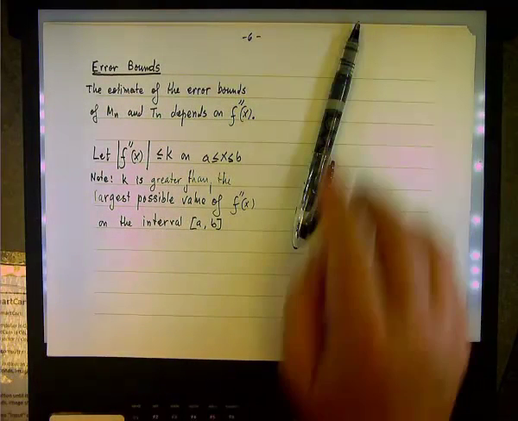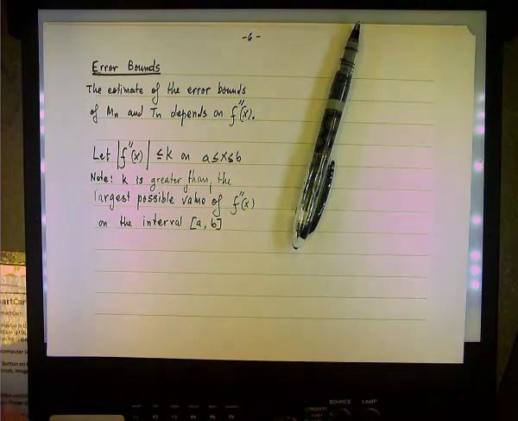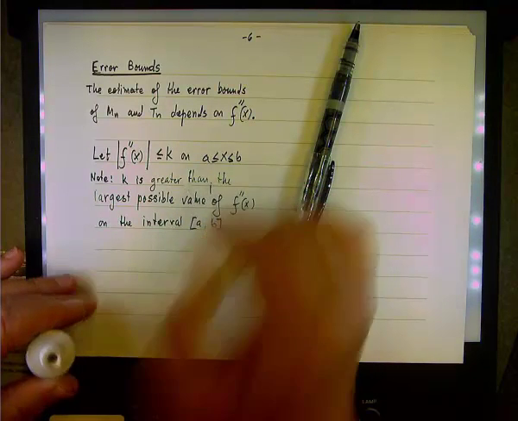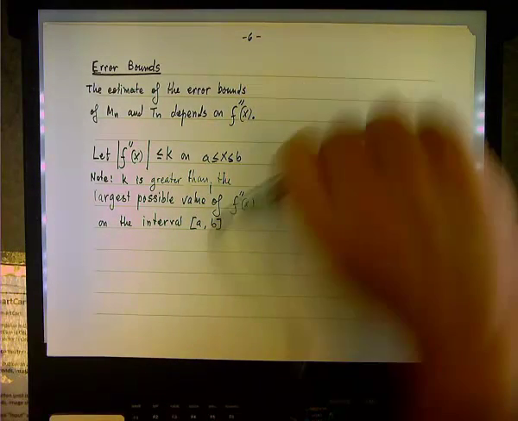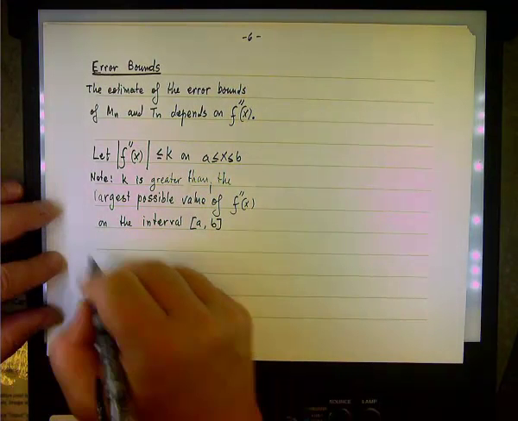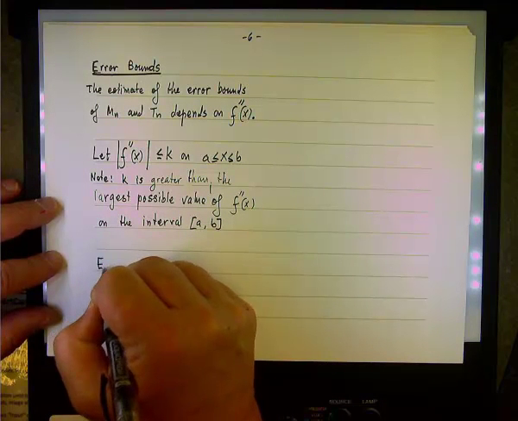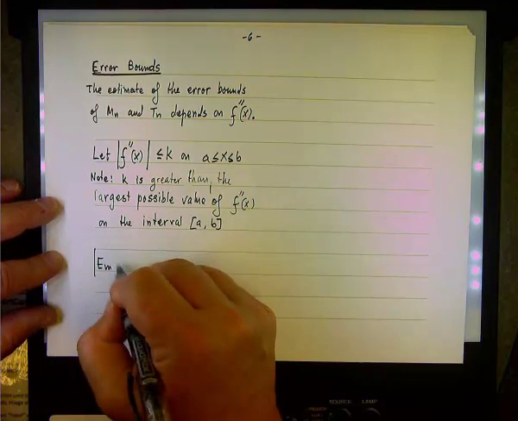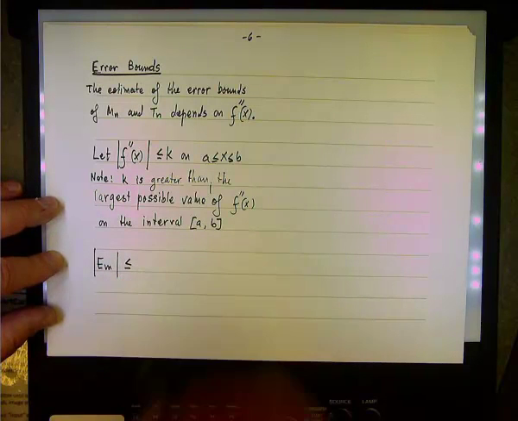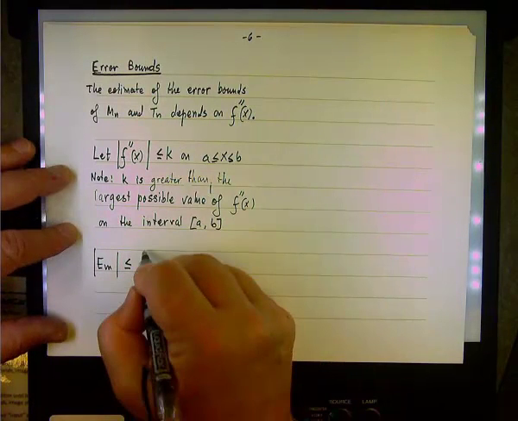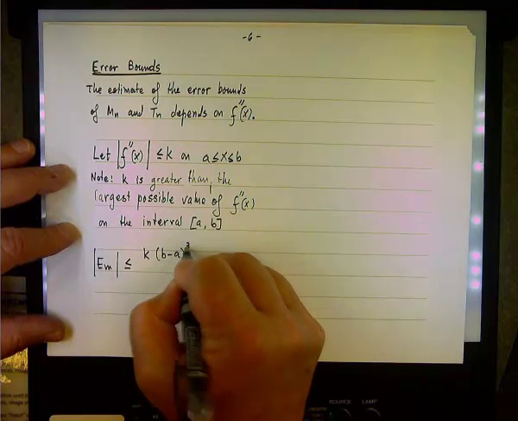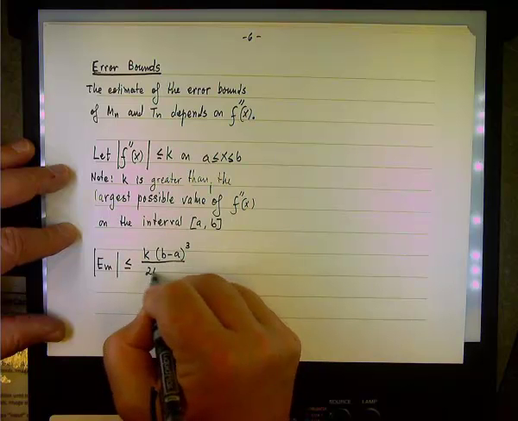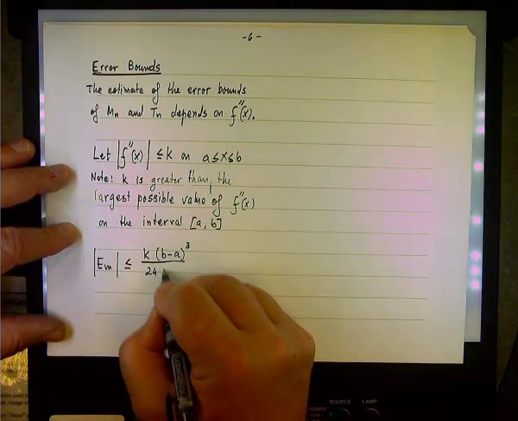So what is the error bound? Now, let's say we establish this number k, and I'll show you an example before we depart so you see how this works out. The absolute value of the error for the midpoint will be less than or equal to k times (b minus a) cubed divided by 24 n squared.